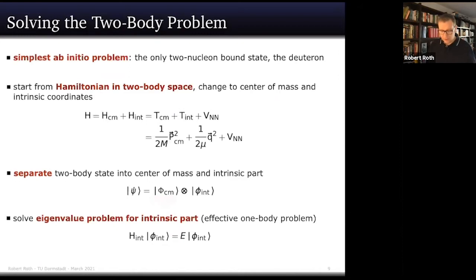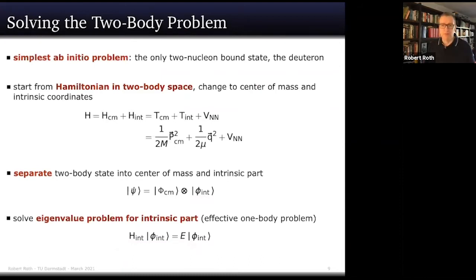It's typically just a plane wave solution. If you have finite momentum, you could also think of a wave packet if you've localized your system. But never mind, this is nothing which we need in order to discuss the standard properties of the deuteron. The properties only depend on this intrinsic part. So we want to solve this thing.